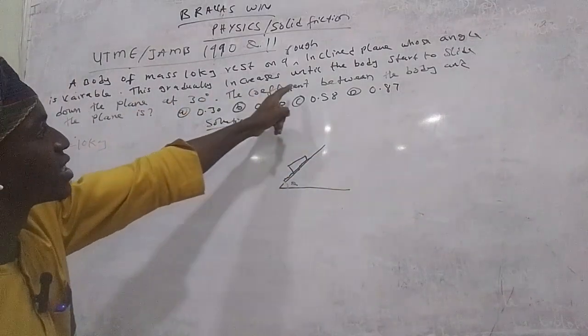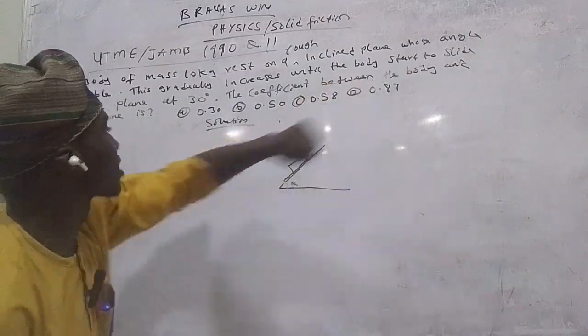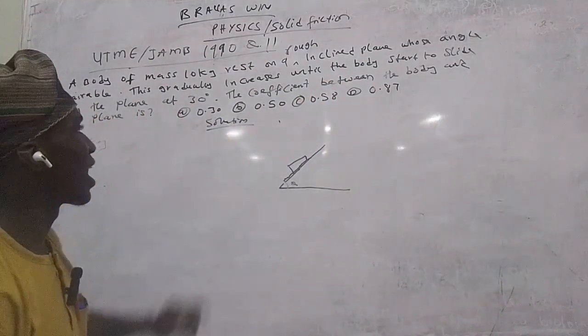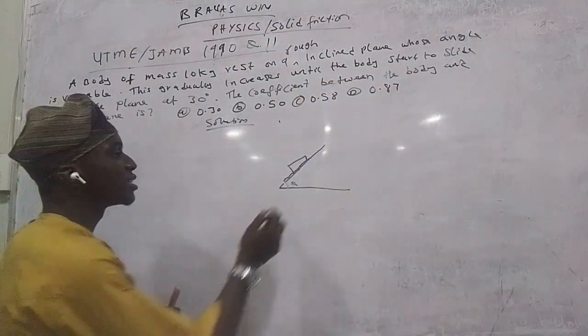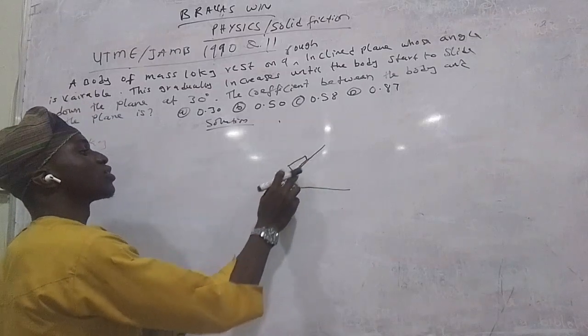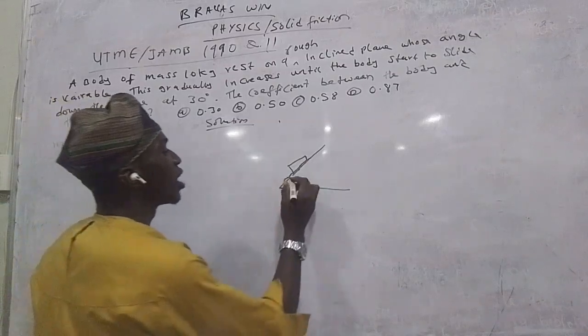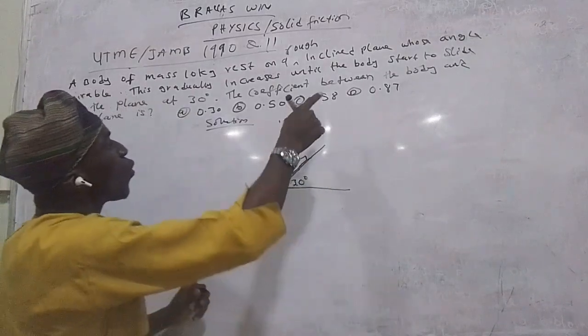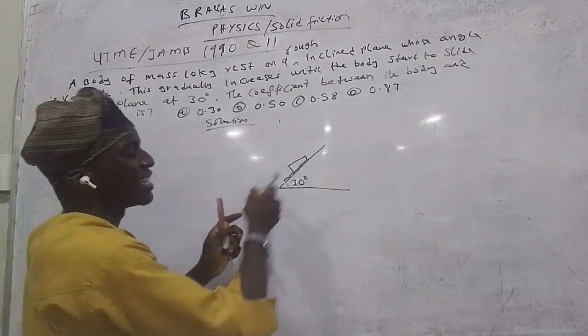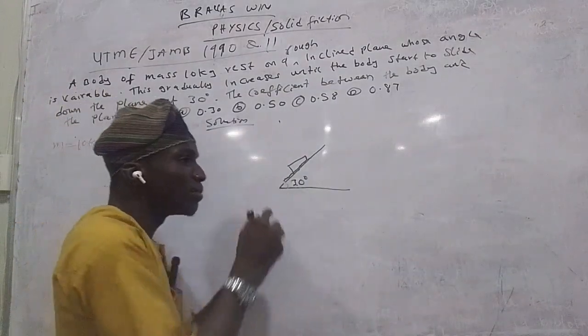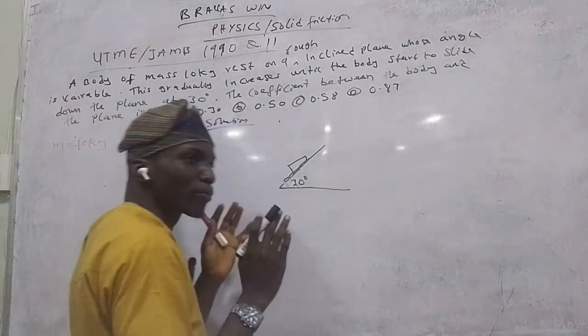This gradually increases until the body starts to slide down the plane at 30. They are increasing the angle until you reach an angle theta of 30 degrees, when the body starts to slide down. So at angle 30, the body is about to fall down.